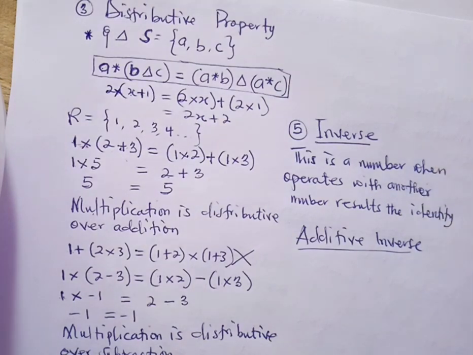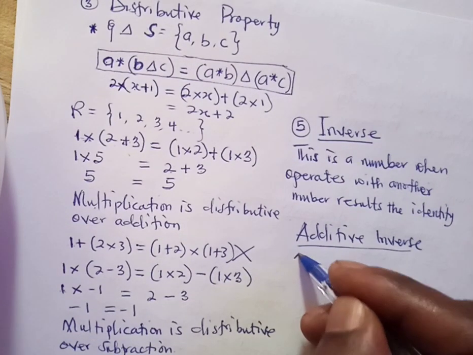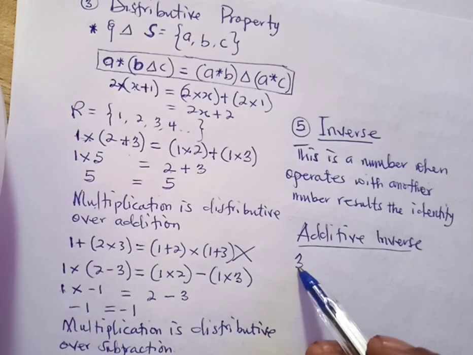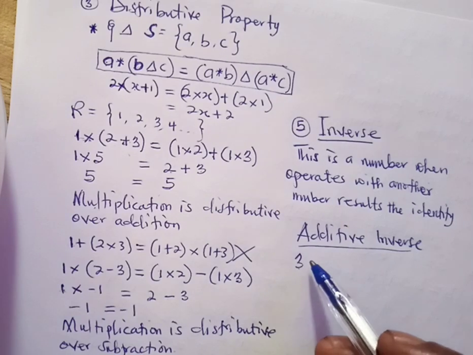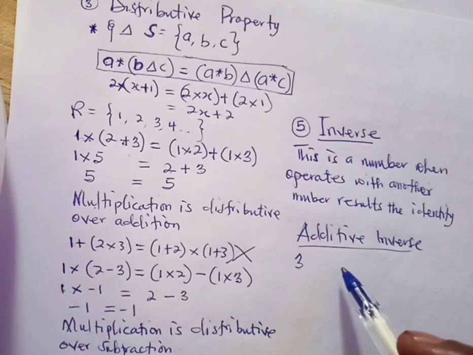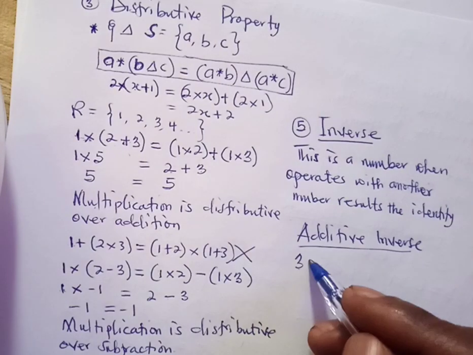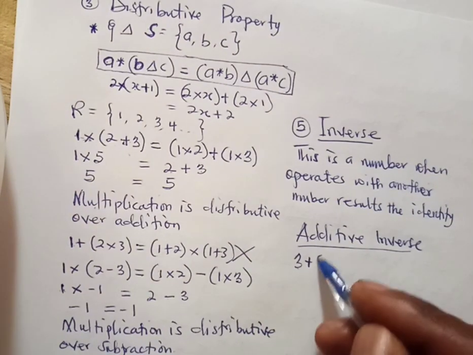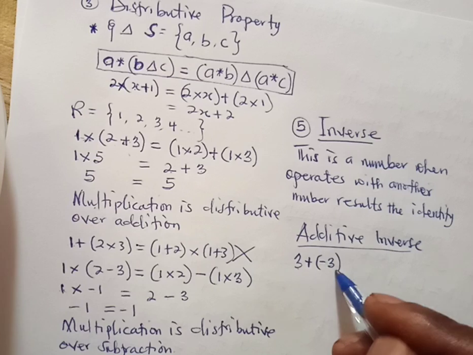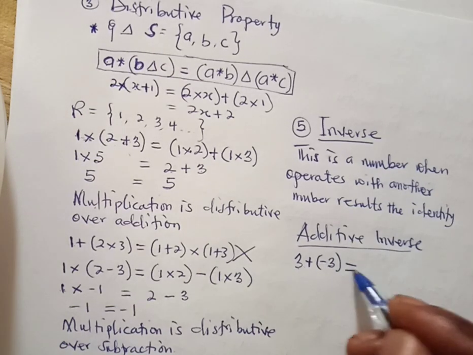For example, let's say this is 3. What should I add to 3 to get the identity element? It is the opposite. So I should add negative 3. If I add negative 3 to 3, I get 0.